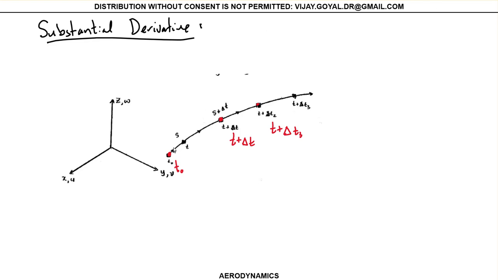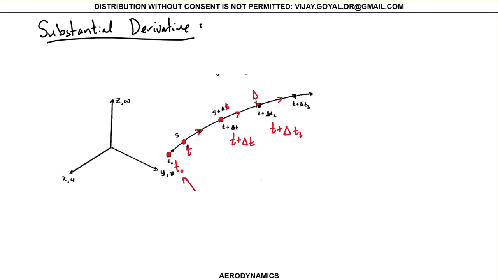My fluid is all moving in this direction, and my particle is moving from here to here at my time t. This is t sub 0, the beginning point, where everything starts. And then there's a distance from here to here of s, and a distance from here to here that will be s plus delta s.